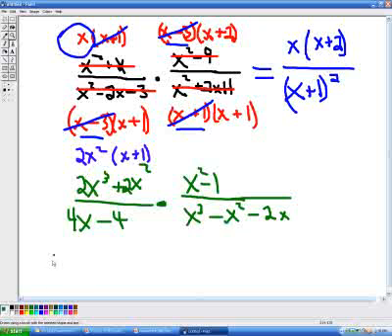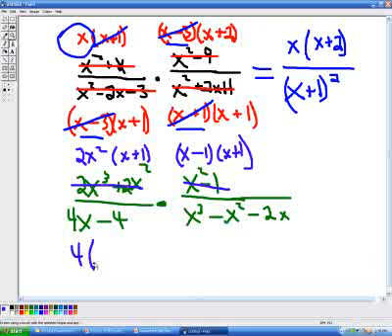Okay. So we factor the numerator. Alright, we got a common 2x squared now. We factor that out, leaves us with the x plus 1. We got our difference of squares over here, so that's x minus 1 and x plus 1. So that's done. We've got a common 4 over here, so that leaves us with the x minus 1. Okay. And then over here we have a common x. We pull that out first.